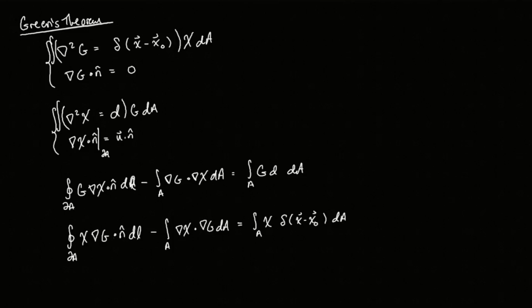And if you remember the delta function, what it's going to do is cherry pick out whatever the thing is we're integrating against, evaluate it at this specific point, x naught.